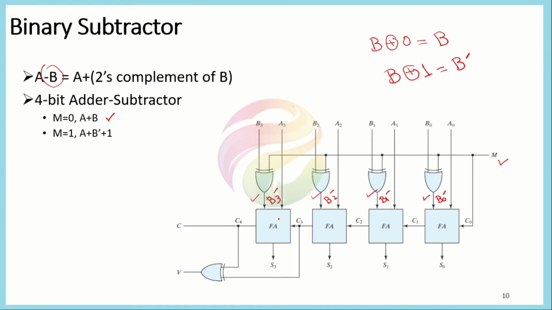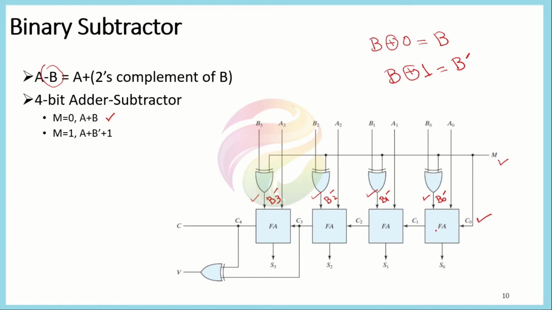Once we get the complement terms here, the important thing is how we are going to calculate the two's complement, because if we are complementing these terms, it is only generating the one's complement. But for the subtraction process, we require the two's complement. In that case, this C0 helps us, because for the normal addition case with the full adder, this C0 is generally equal to 0, so we could also replace it with a half adder.